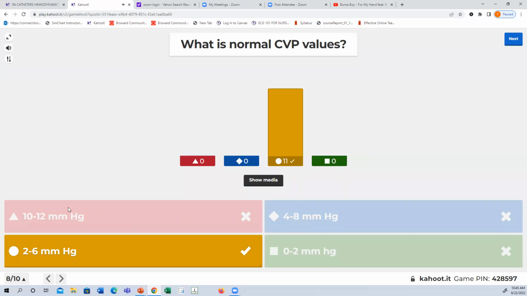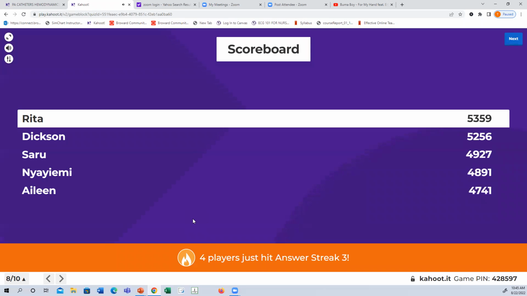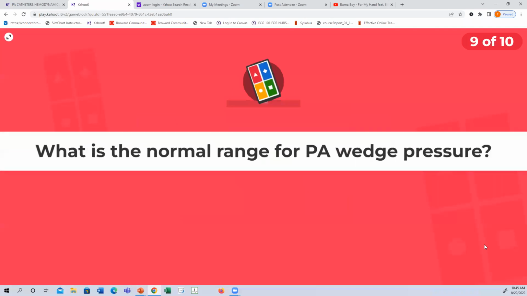All right, everybody got that correctly, but let's see who was the fastest. The fastest one was Rita, Dixon, Saru, Nyayemi, and Eileen. Congratulations.